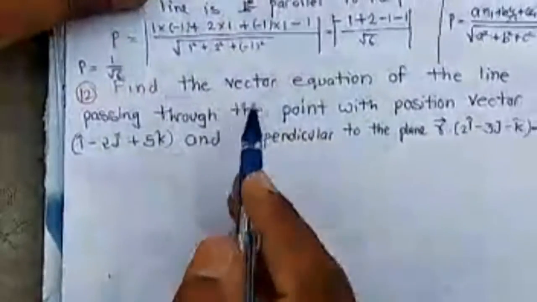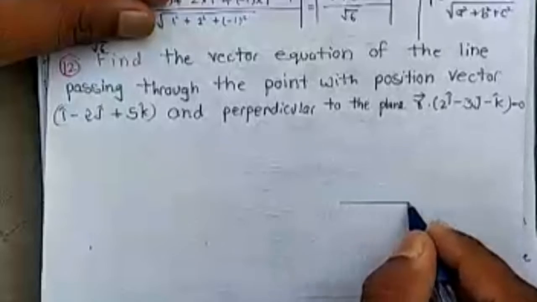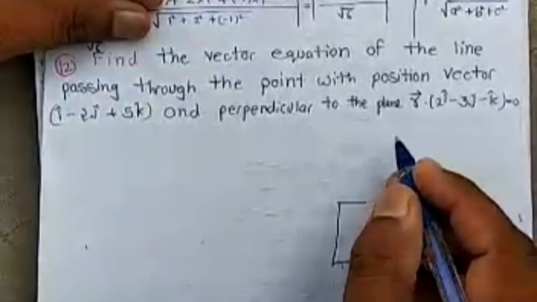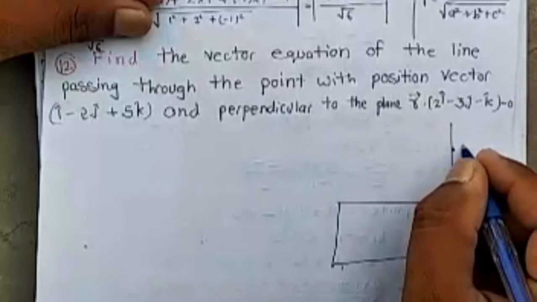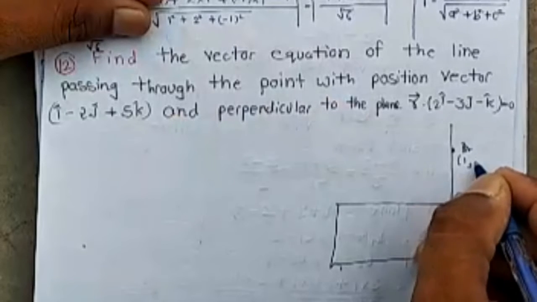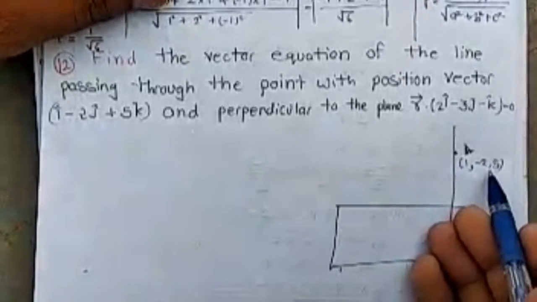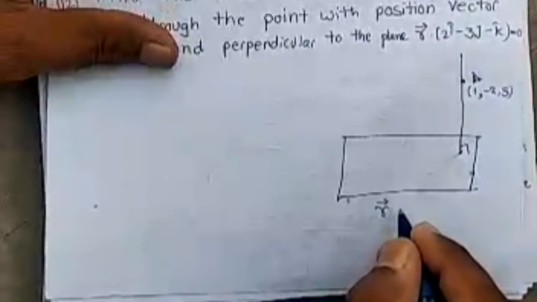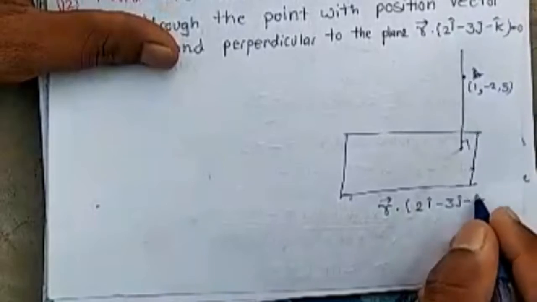Now question number 12. Find the vector equation of a line passing through the point with position vector i cap minus 2 j cap plus 5 k cap, that is point (1, minus 2, 5), and perpendicular to the plane r vector dot (2 i cap minus 3 j cap minus k cap).